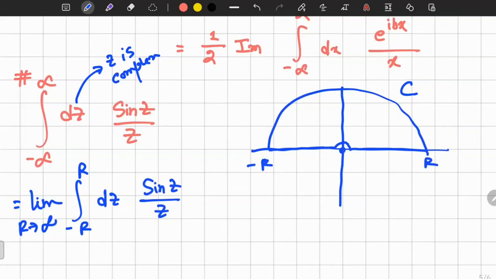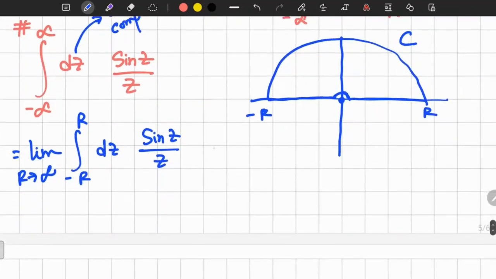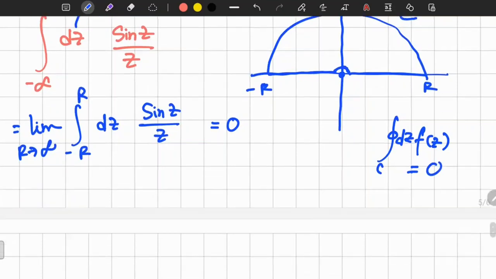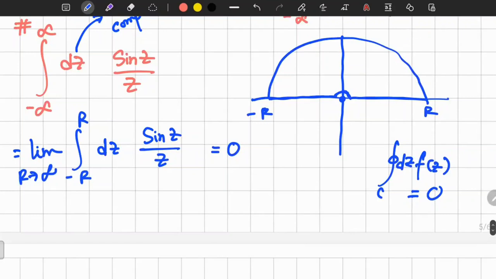Here there is a singularity, but we are not taking this z equal to 0 point. So in this contour, everywhere the function is an analytic function. So we can say this should be 0. Because the Cauchy integral theorem says that if there is an analytic function f(z) dz, if that function is analytic in any contour, over the whole region of the contour, then it will be 0. So this is 0.